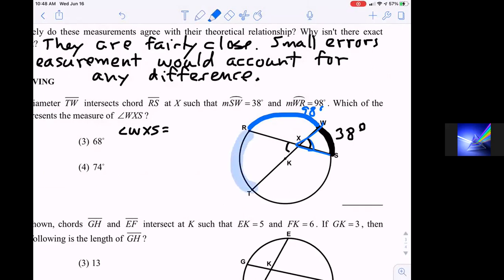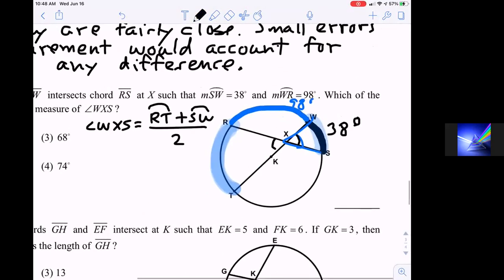So the sum of this arc and this arc. Now I don't know this one, so I got to find it. So it's going to be the measure of arc RT plus SW, divided by 2, but I don't know RT, so I got to figure that out.